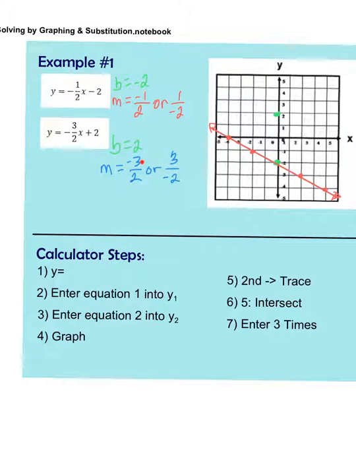So I'm going to go down 3 to the right 2, up 3 to the left 2. Let's start with this one. If I go down 3, 1, 2, 3, I'm going to go to the right 2. Down 1, 2, 3, and to the right 2. And you'll see that this is where they intersect. So here we go.